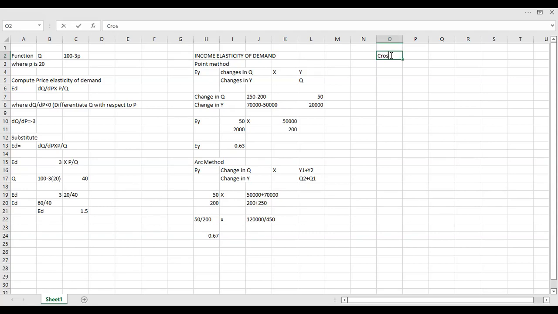So we are told to calculate the cross-price elasticity of demand.